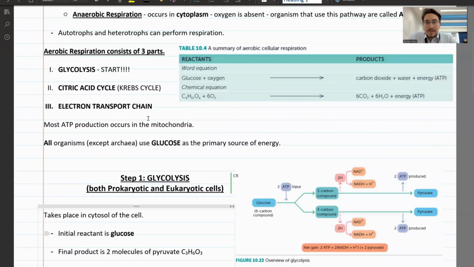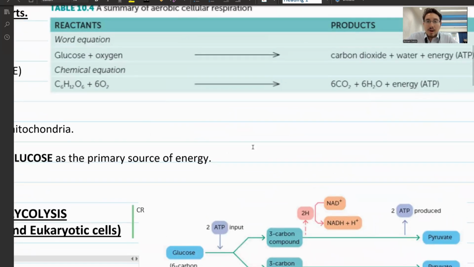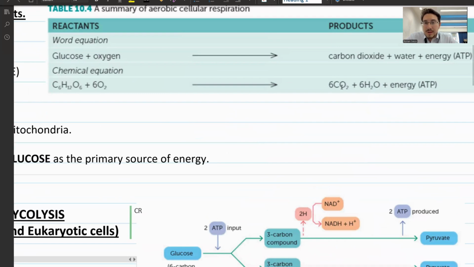If you notice here in the chemical equation, our products are ultimately carbon dioxide and water. So we're going to see how, from these reactants, we end up with these molecules here.